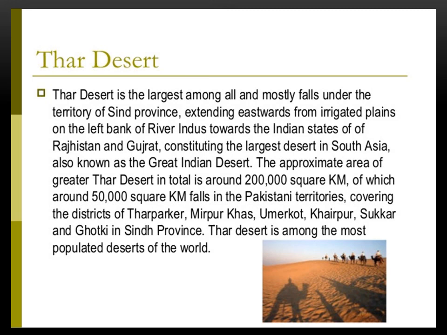The approximate area of Greater Thar Desert in total is around 200,000 square kilometer, of which around 50,000 square kilometer falls in Pakistani territories, covering the districts of Tharparkar, Mirpur Khas, Umarkot, Khairpur, Sakhar, and Ghotki in Sindh province. Thar is among the most populated deserts of the world.